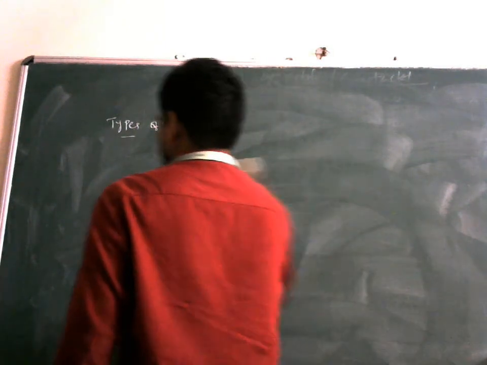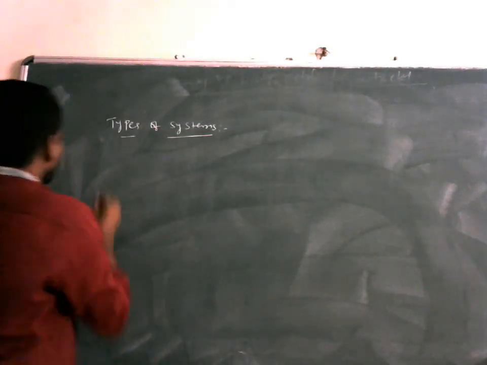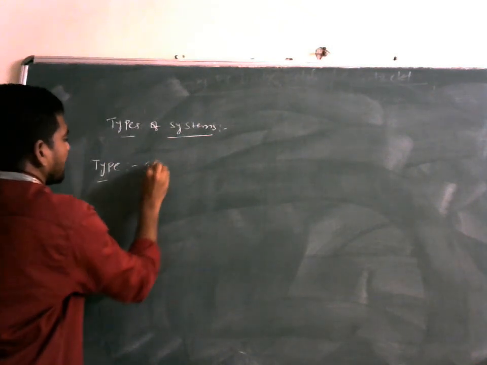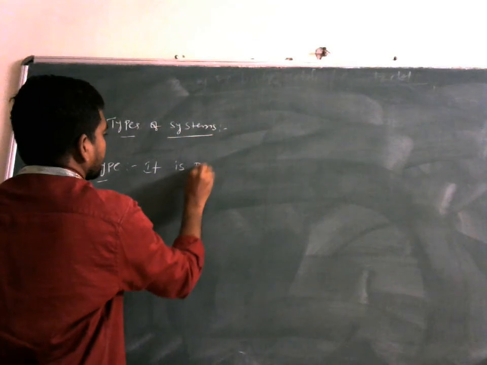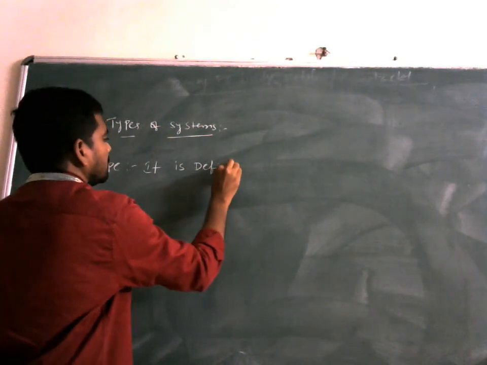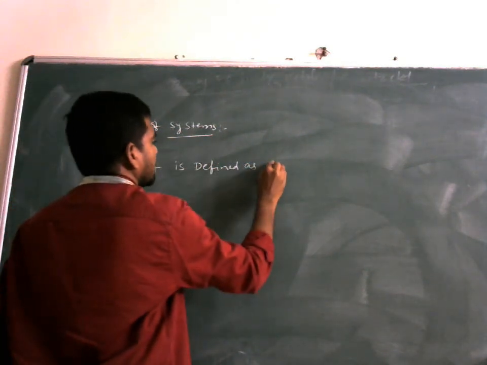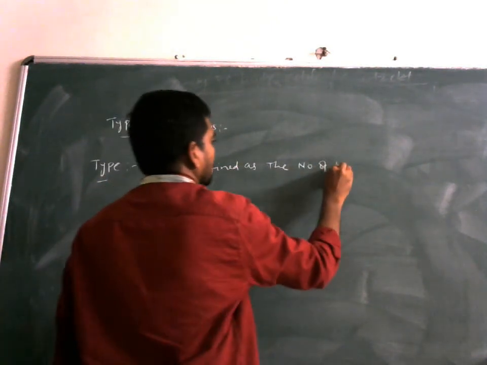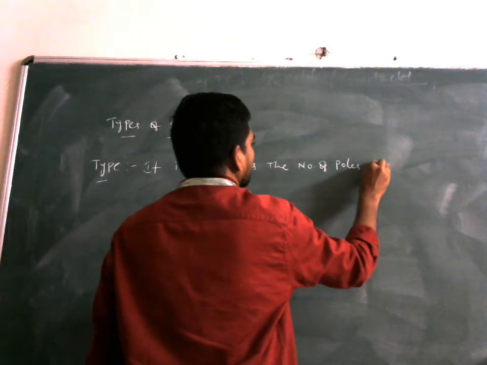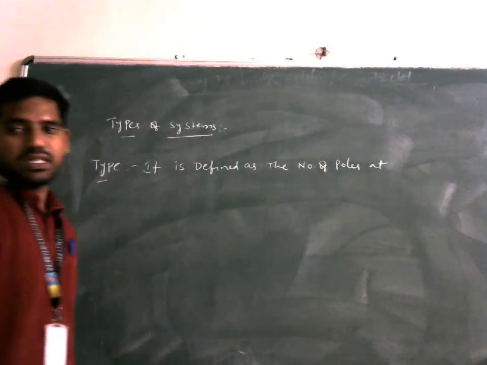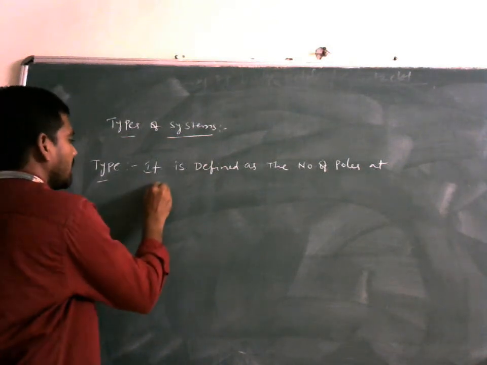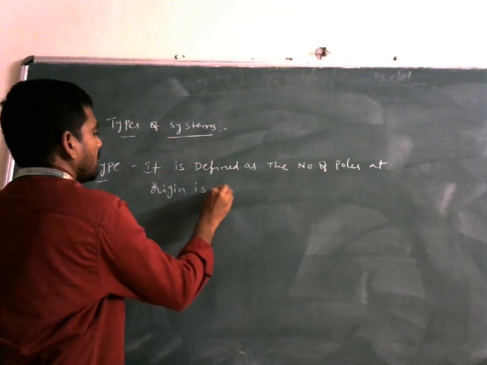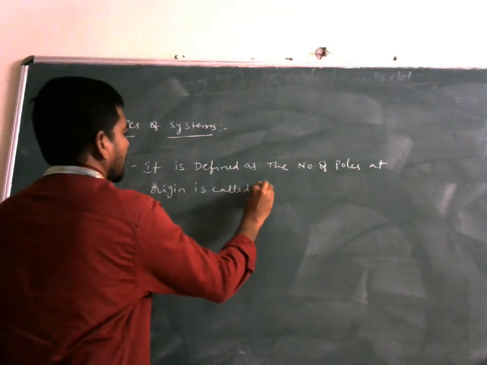Definition of type of the system: type is defined as the number of poles at the origin. The number of poles at the origin is called the type of the system.